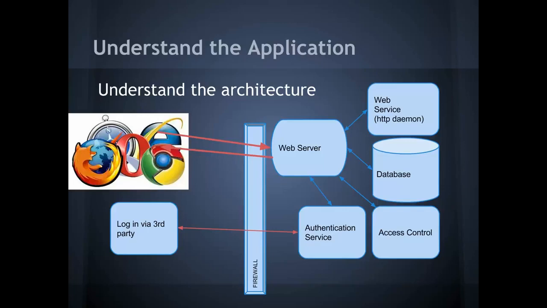And behind the firewall, that web server may be interacting with other services that may be on that same physical machine or maybe on other machines in that network, such as a database or some form of access control service or an authentication service.